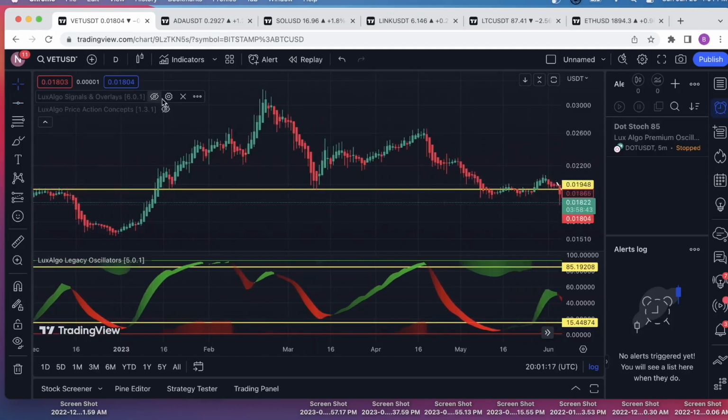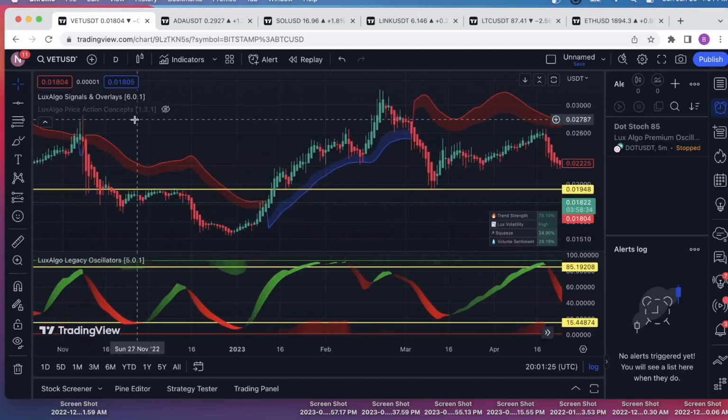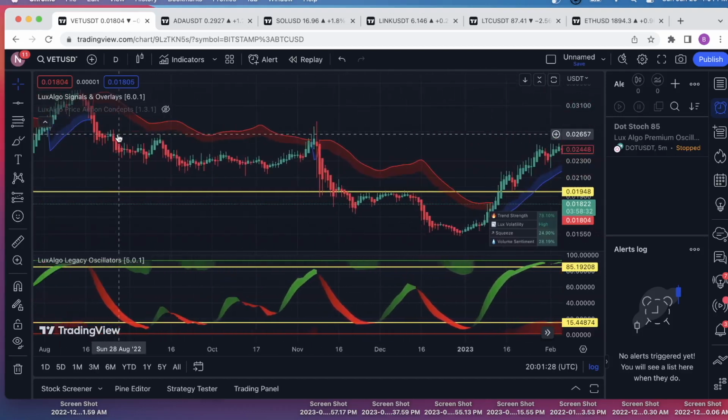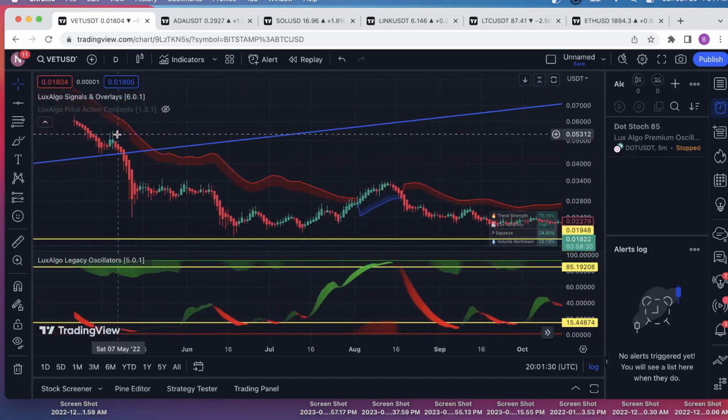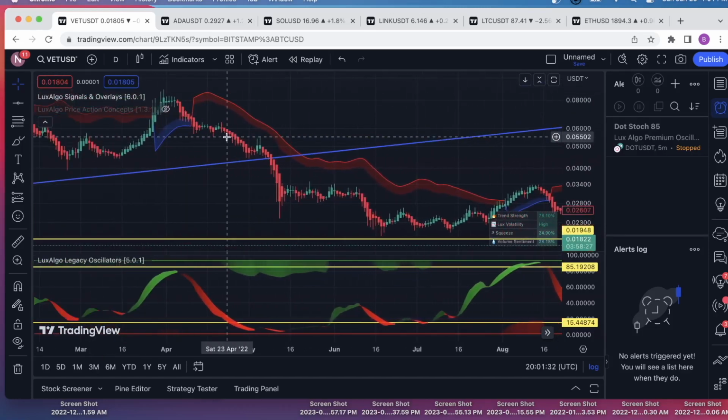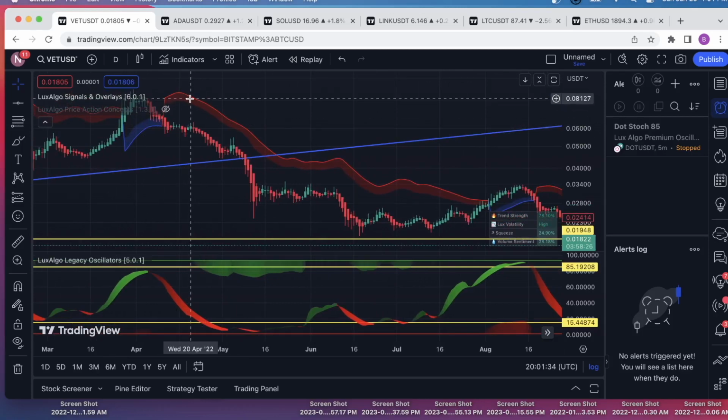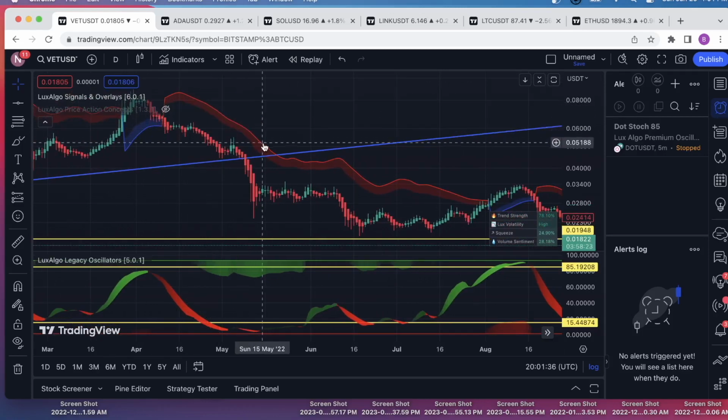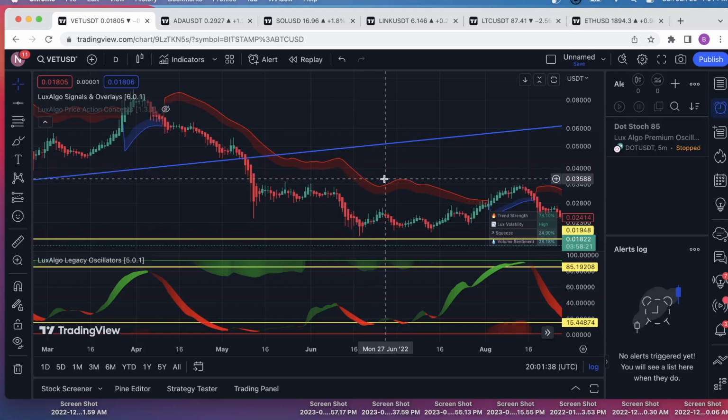But along with this indicator, you get something called a smart trail. What that does is it's a dynamic support and resistance area, and it also indicates the trend. So you see here, when we're below this red smart trail, that indicates a downtrend.